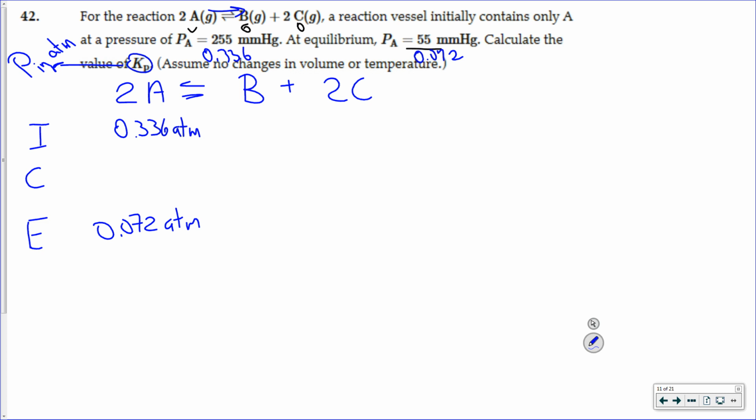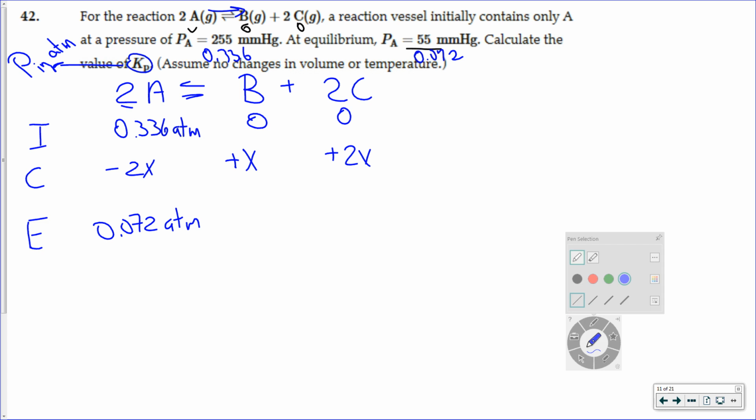That means this is going to increase by X, plus X. There's 2 of this one, it's going to increase by 2X. These are at 0 and 0. And then this one is a 2, but it's a reactant, so it's a minus 2X. So I can take the information in the first column and find out what the value of X is.